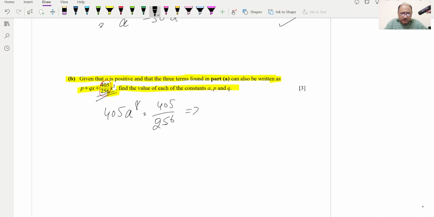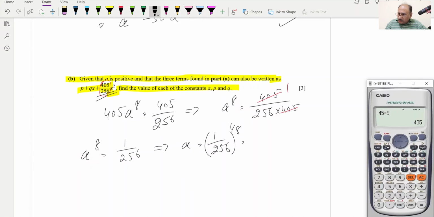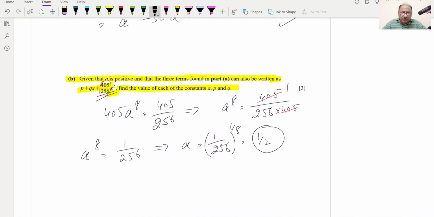This implies a^8 is equal to 405 over 256 multiplied by 1 over 405, and after cancellation a^8 is equal to 1 over 256, and this implies a will be equal to 1 over 256 raised to the power 1 over 8, and this will be equal to 1 by 2. So the value of a is equal to 1 by 2.